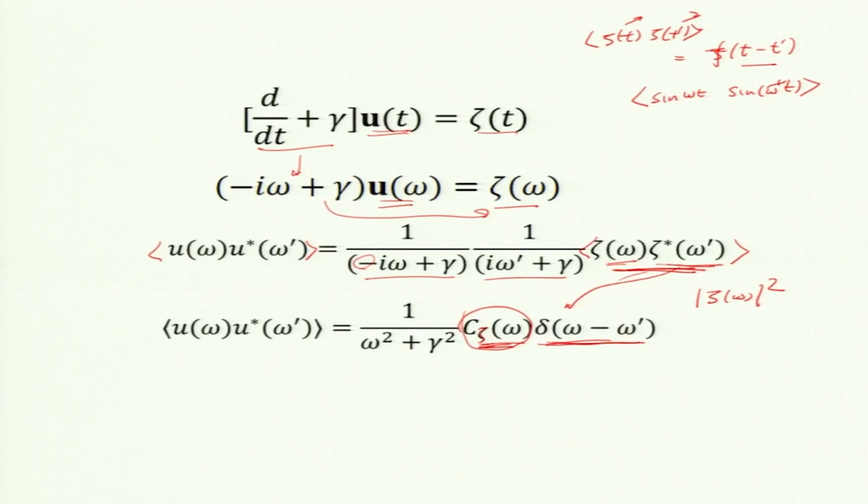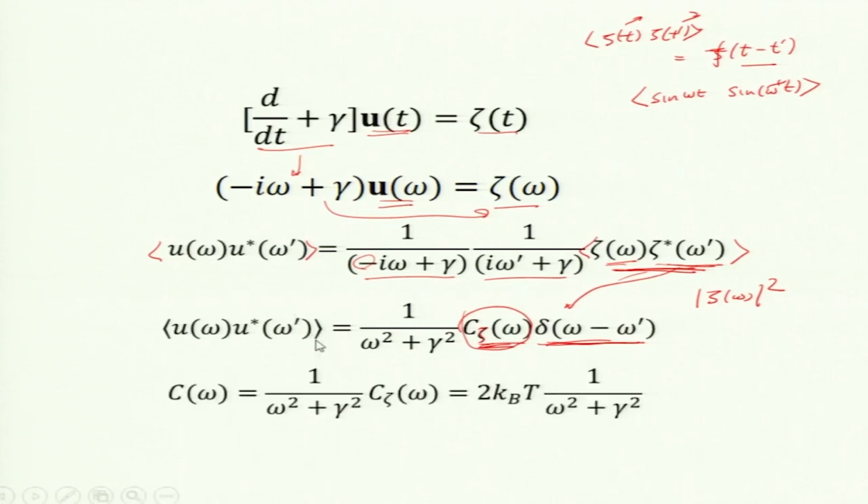So, the left hand side, the correlation function, will also be similar, called C omega times delta of omega minus omega prime. So, you cancel the delta, and C omega is this.